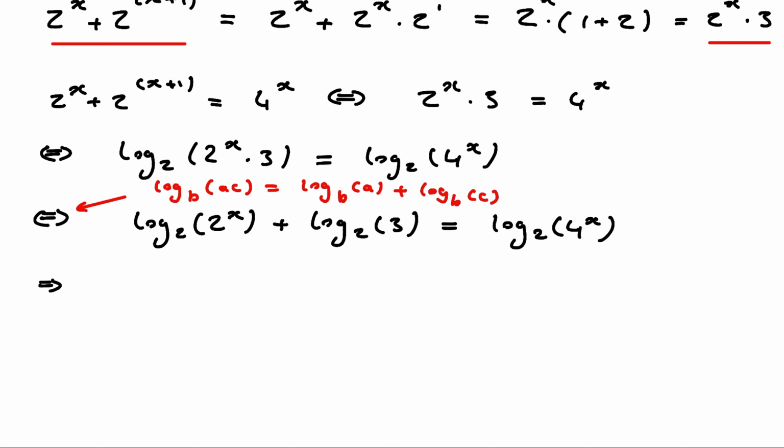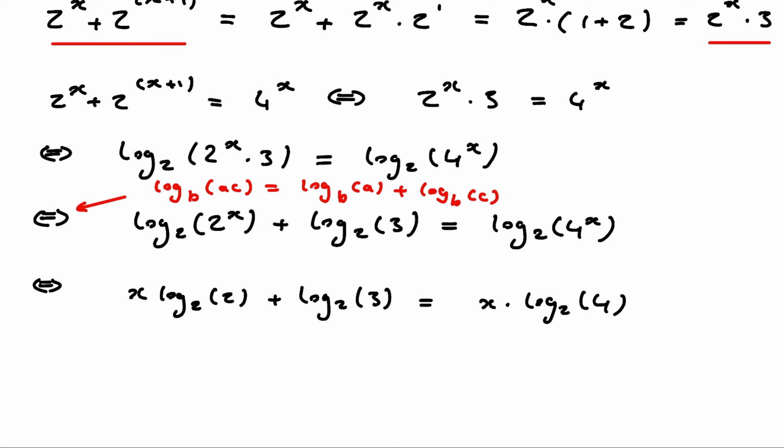So now we can do a bunch more. Let me really just use my laws of logarithms here. So this is if and only if, I've got a power, I can bring it out the front. Log to the base 2 of 2 to the x plus log to the base 2 of 3 is equal to x times log to the base 2 of 4. So this is now just my law of logarithms. I've already mentioned it before.